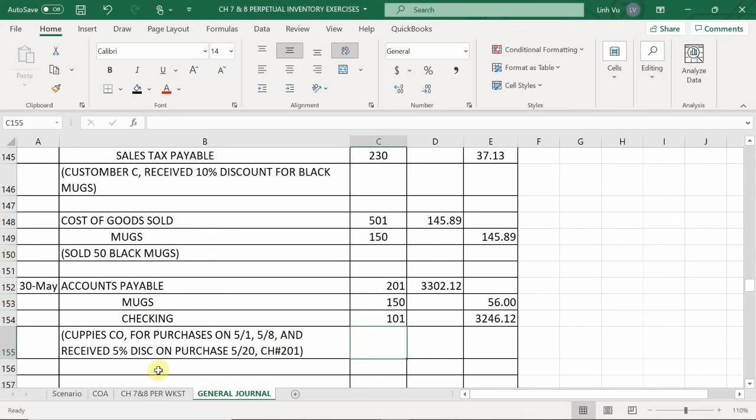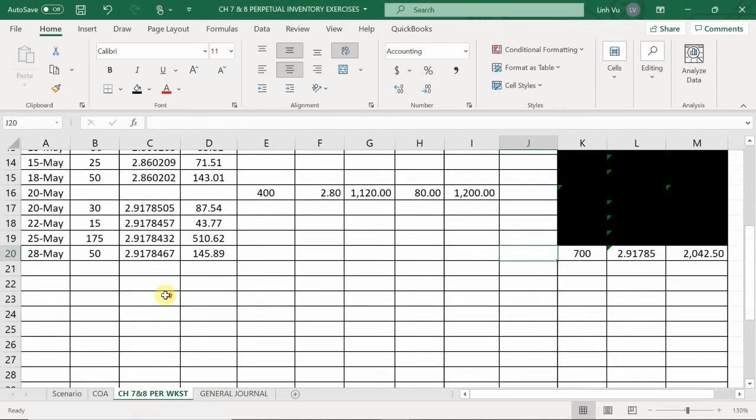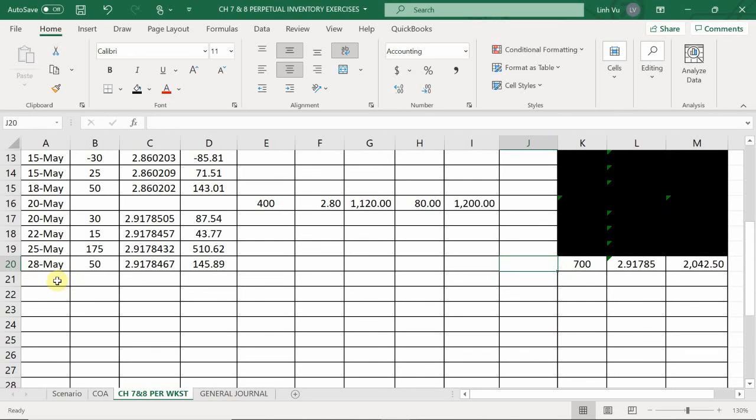Now of course, because we discounted our inventory, we also need to place that into our inventory worksheet. It doesn't affect the amount that we took off, except for the 280.